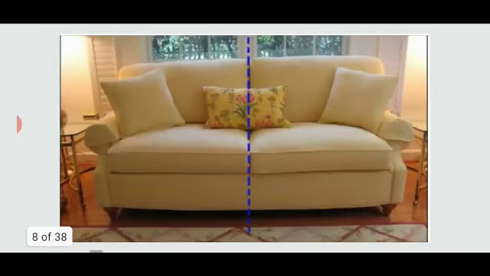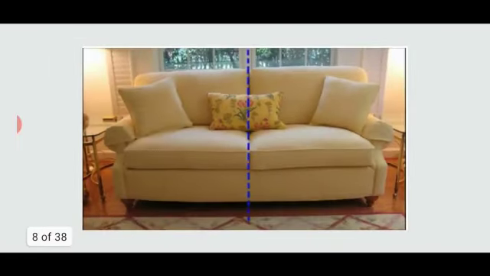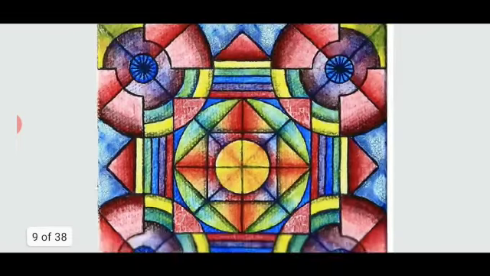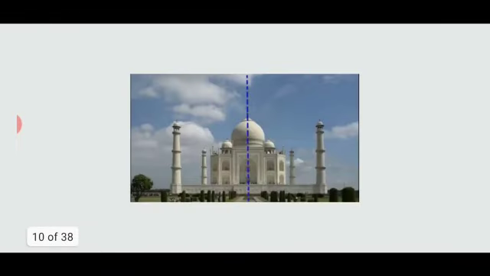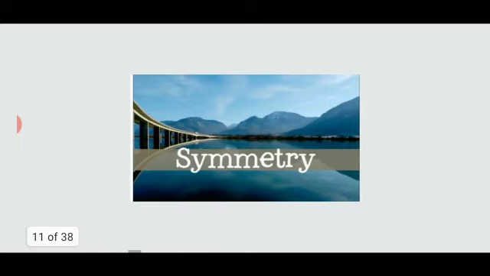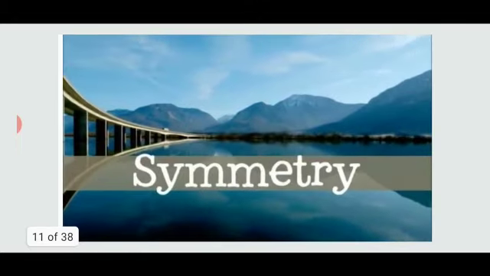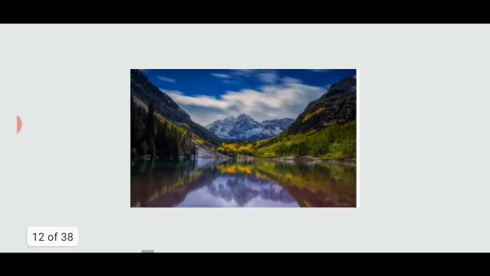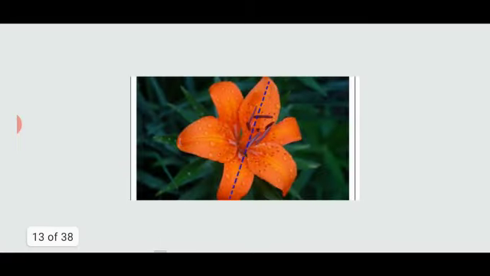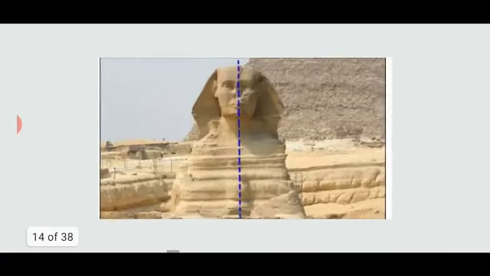It is easily noticeable in various arts, buildings, and monuments. Nature uses symmetry to make things beautiful. Symmetry in everyday life refers to a sense of beautiful proportion and balance.